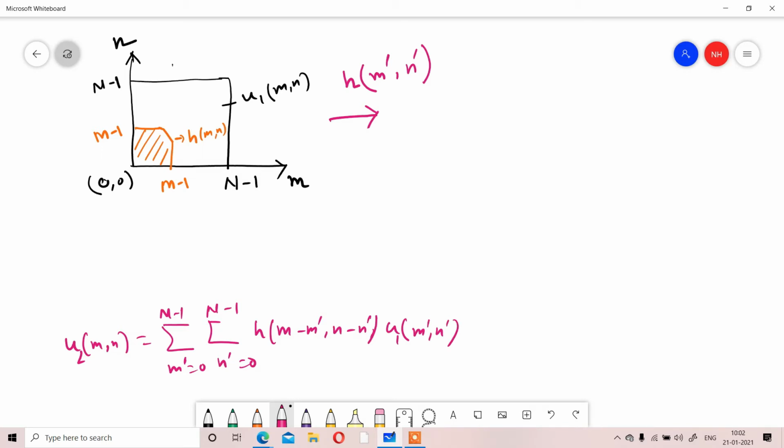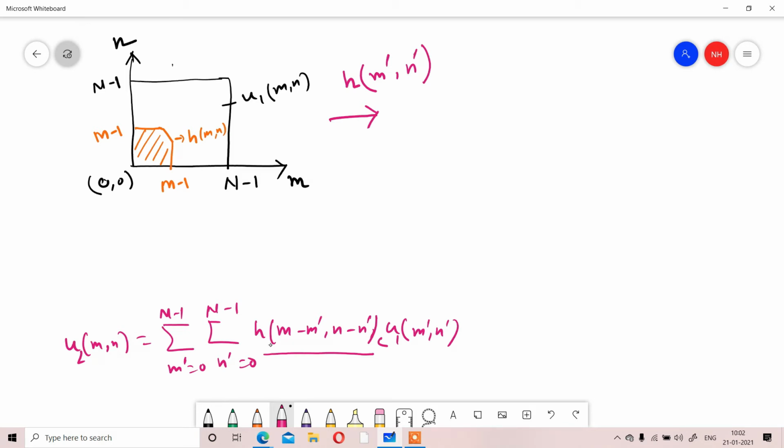That was our expression. From that expression, first we are trying to represent that matrix h(m minus m', n minus n'). To represent that, first we are calculating m' and n', not minus.